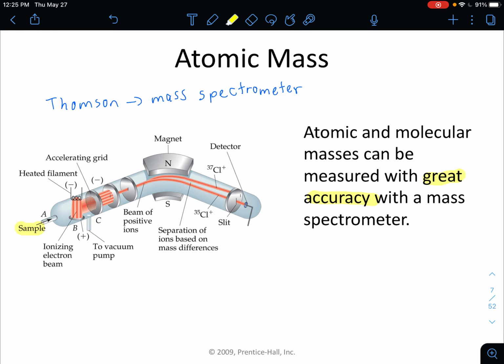So that's how we can determine the mass to such high levels of accuracy. I think in chapter 3 we'll come back to this idea and talk about how isotopes play a role in determining the average mass of an element, but we'll get to that a little bit later.